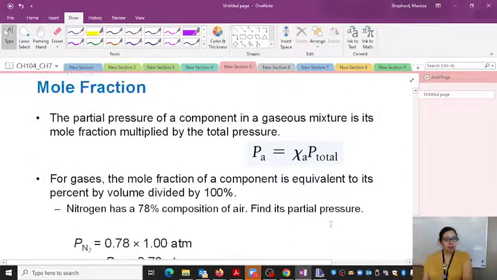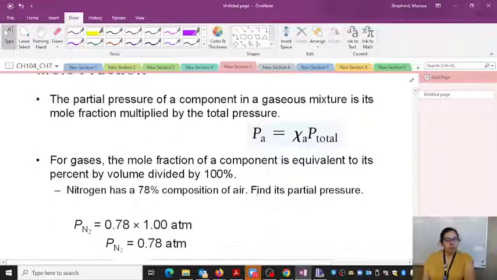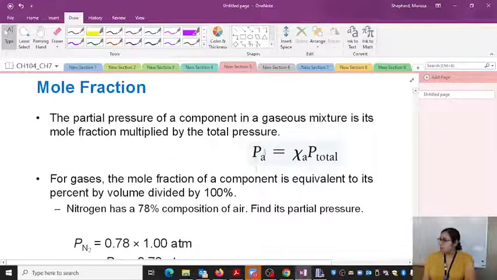Here we go, I was looking for an example. The number of moles of a component in a mixture divided by the total number of moles is the mole fraction. So moles of your component over total moles gives you your mole fraction. And so this means that the pressure of our component is equal to our mole fraction times our pressure total.